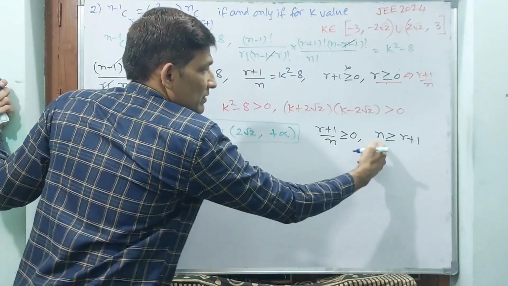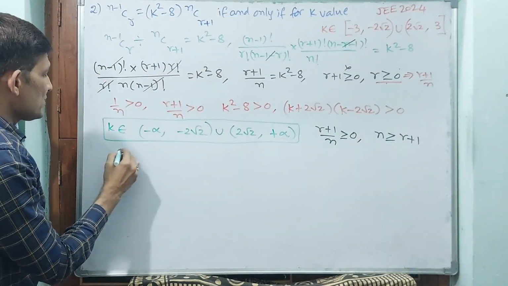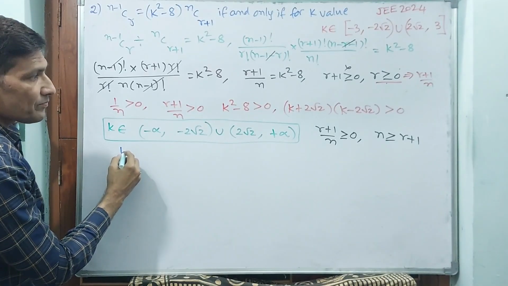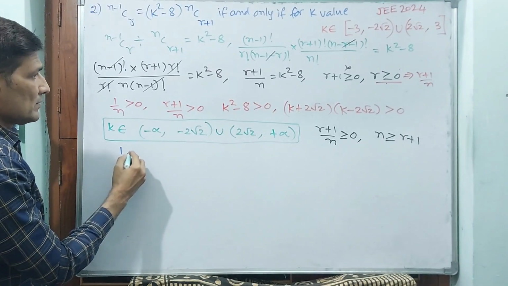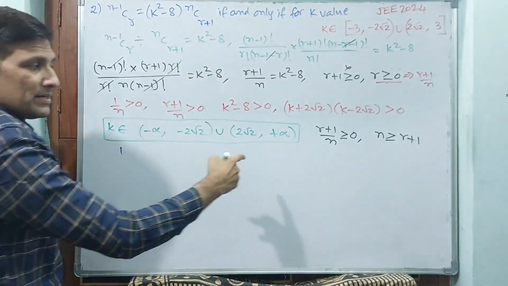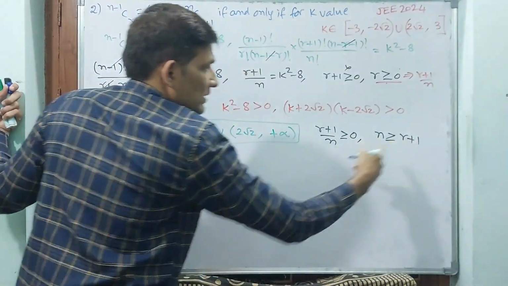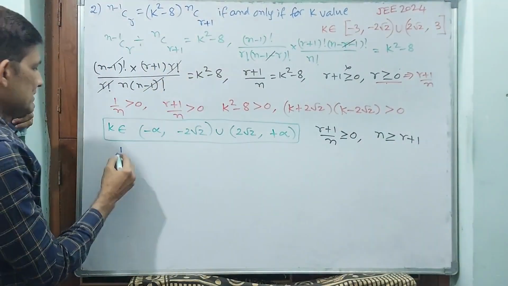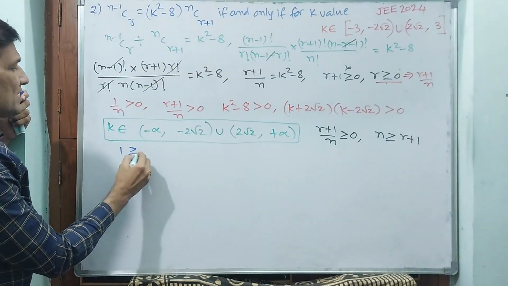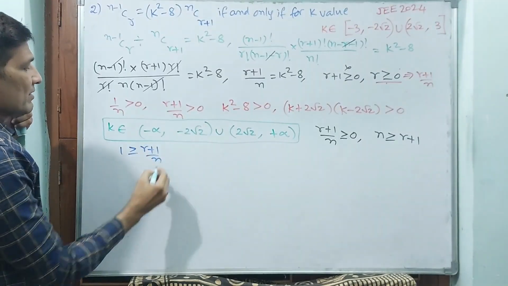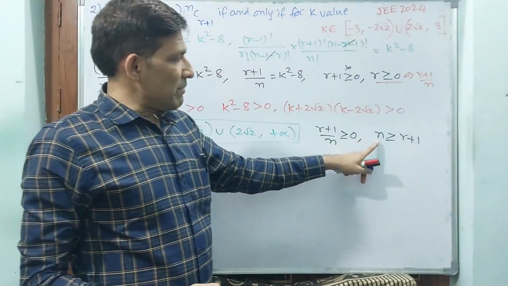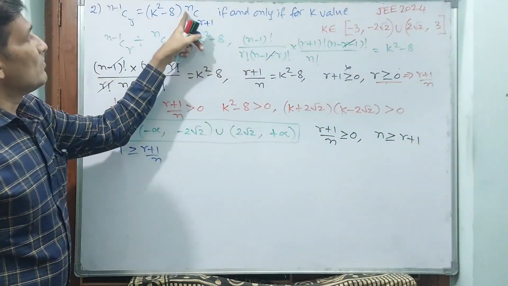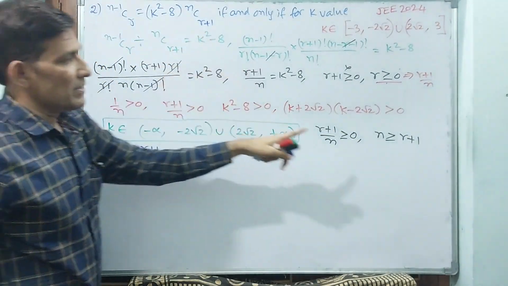Okay, now what can I say? Rather than r plus 1, shall I write n? That means if you divide both sides by n, 1 is greater than or equal to (r plus 1) by n. What I have done here is divided by n. See, this one you have taken, n is greater than or equal to r plus 1 here.